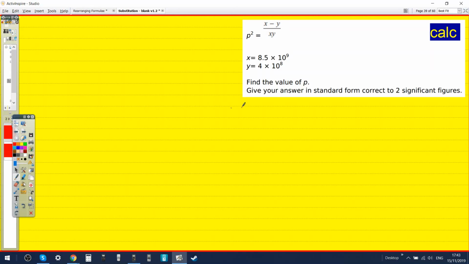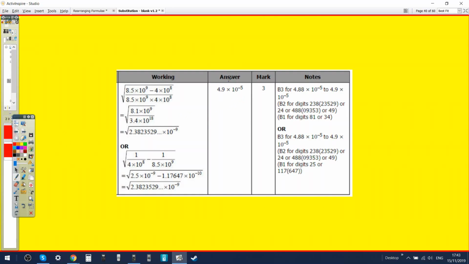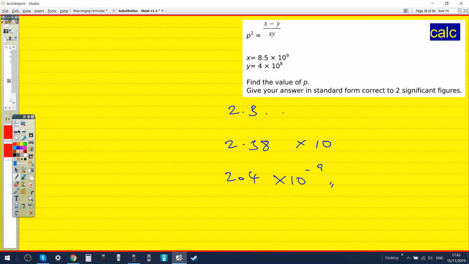2.38235 times 10 to the minus 9. To two significant figures, so 2.38 times 10 to the minus 9. That has 3 sig fig. Sorry, 2.4 then. So 2.4 times 10 to the minus 9. Oh, sorry.